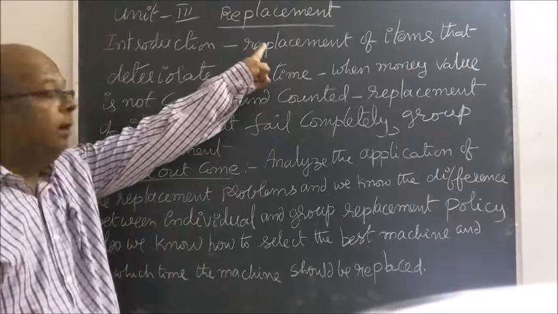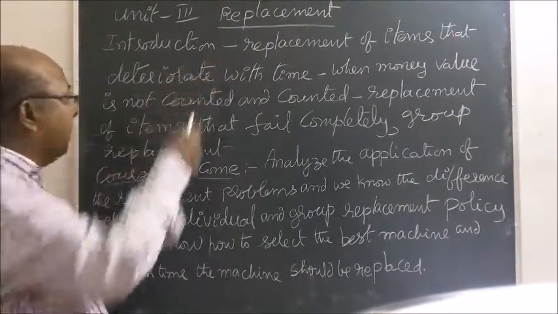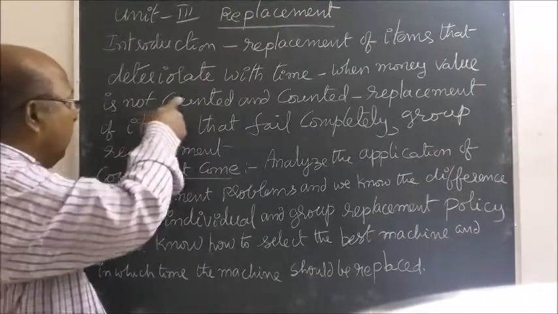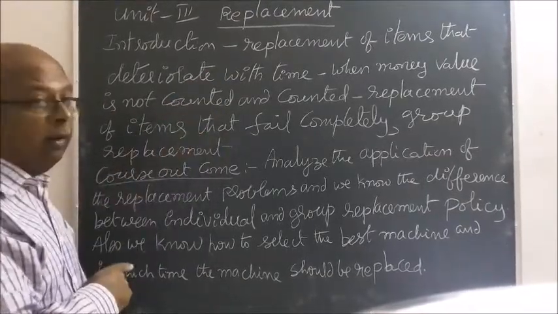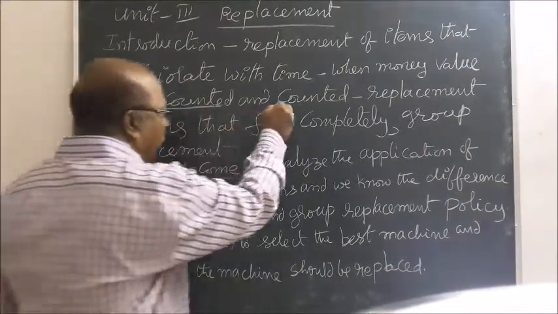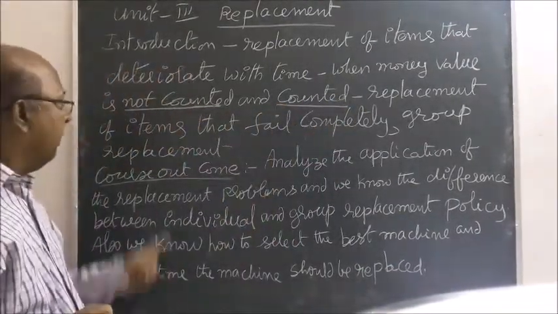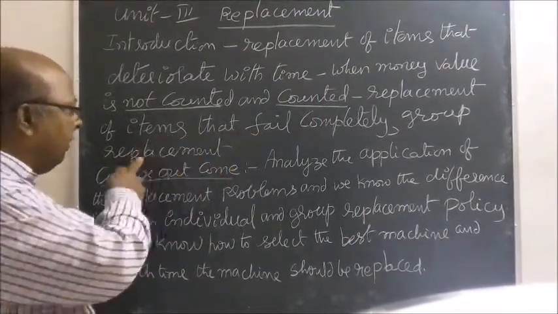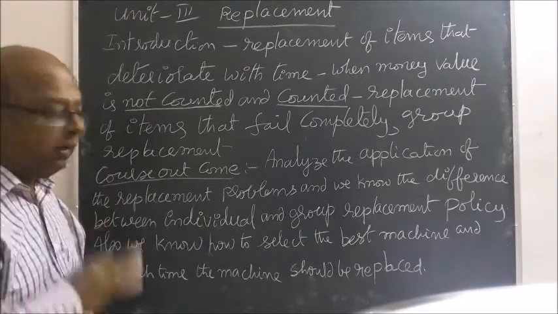Unit 3: Replacement. Introduction, replacement of items that deteriorate with time when money value is not counted and counted. Replacement of items that fail completely, group replacement. This is the syllabus.